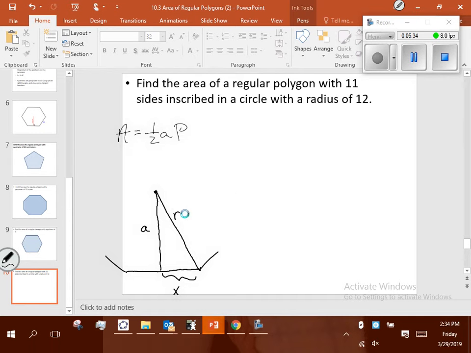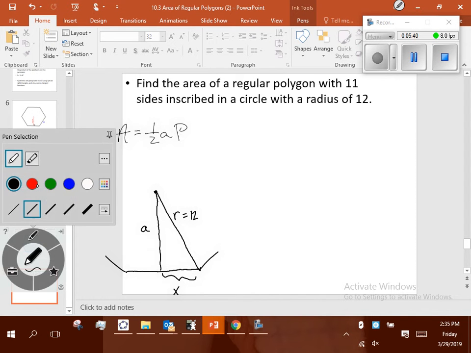Here they're telling you your radius is 12, right? Do you guys remember the formula for finding that angle? Okay. I'm going to say 2n, but 2x is fine. But I've already got x down here, something else.